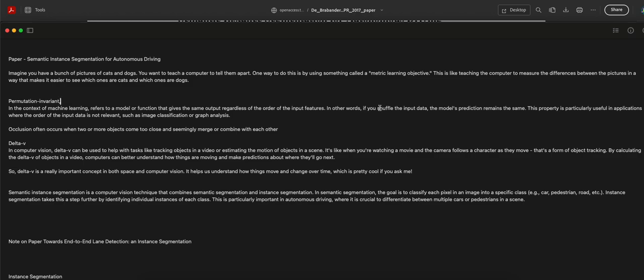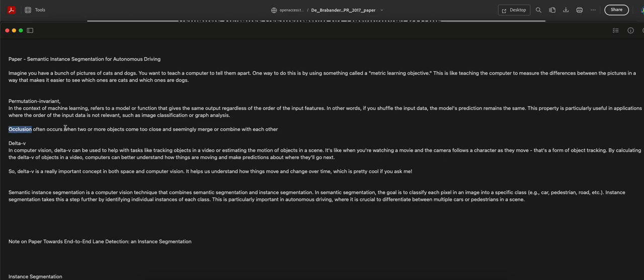If you give a video stream, the order of the images does matter. Permutation invariance is used where the order of the images doesn't matter, as in classification or graph analysis. I don't know exactly what graph analysis is, but image classification pretty much makes sense.